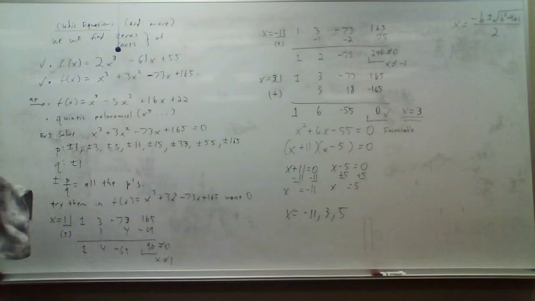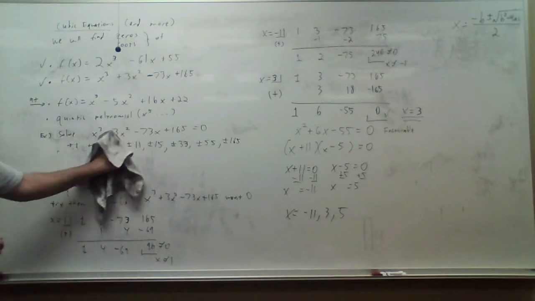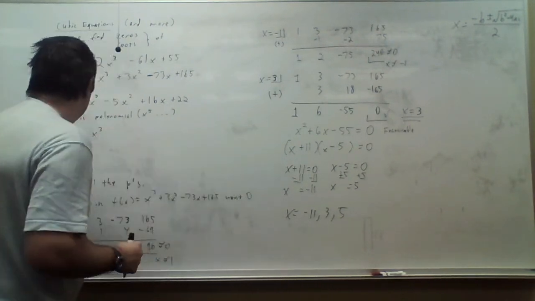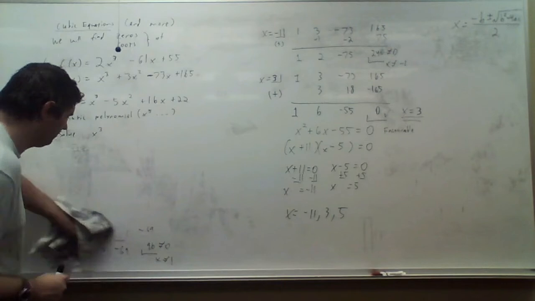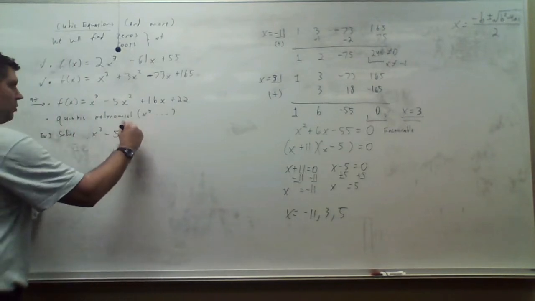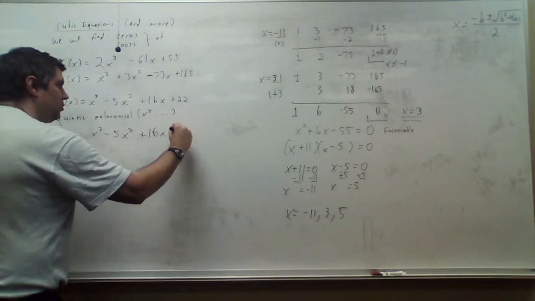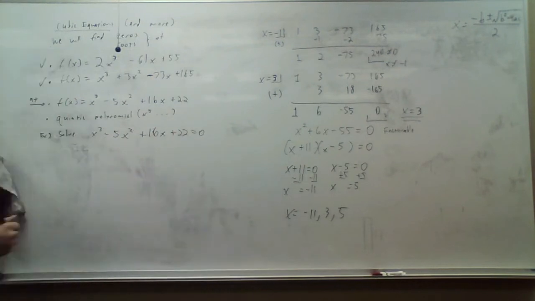So now we want to solve x cubed minus 5x squared plus 16x plus 22 equals 0.